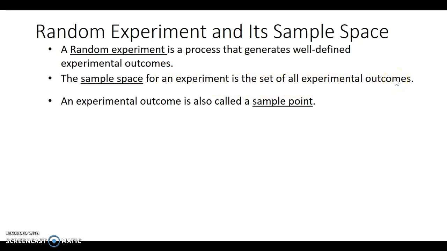If we flip a coin one time, the sample space is heads or tails. For rolling one die, the sample space is 1, 2, 3, 4, 5, or 6. An experimental outcome is also called a sample point. So if I flip the coin right now and it came up tails, that would be a sample point.